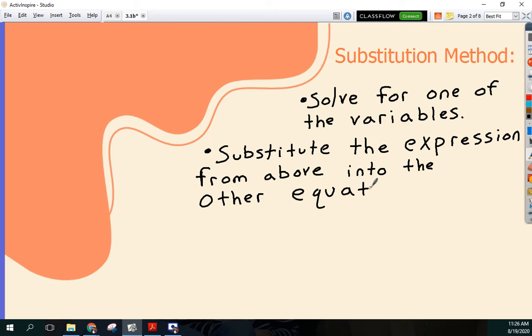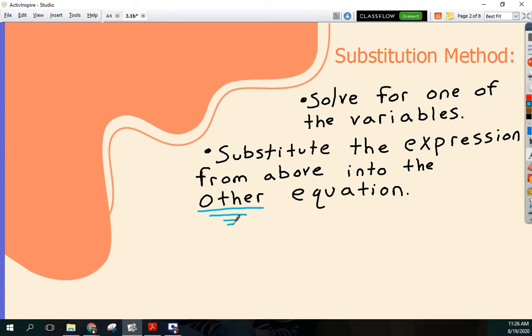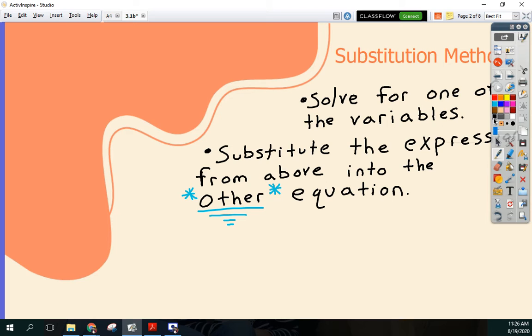Note that in our first step, we solve for one variable in one of our equations. That means that we still have another equation left, and it's important that we then use the other equation in order to substitute. If we used the same equation, everything would just end up disappearing and we would go, I don't know what to do now. So just remember that we have to substitute it into the other equation.